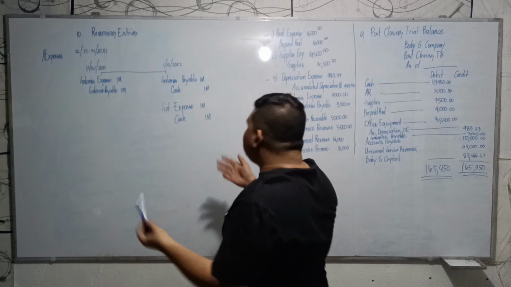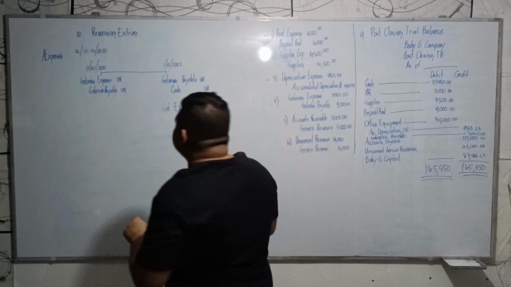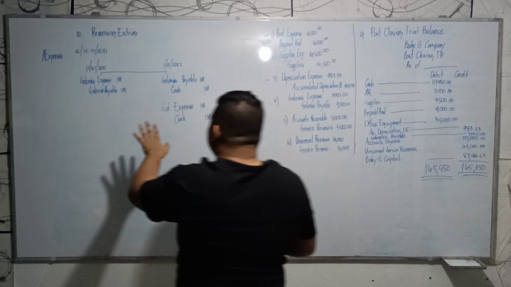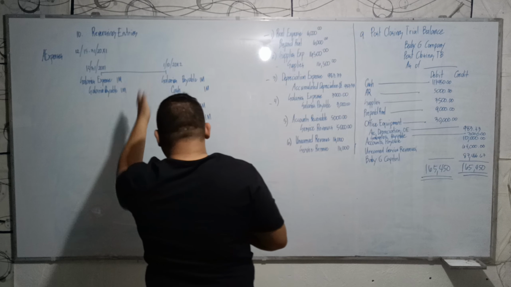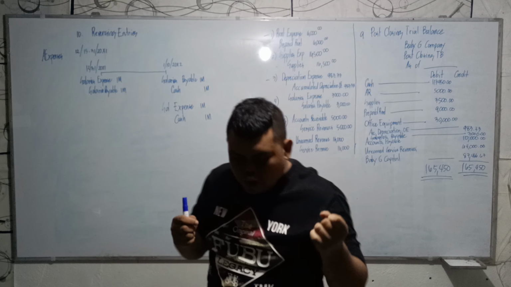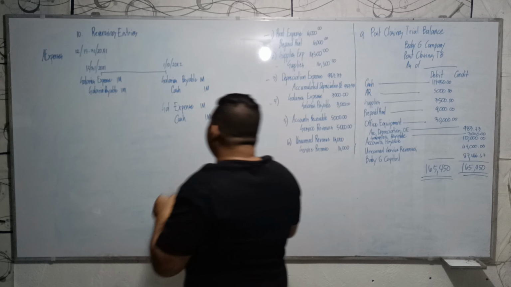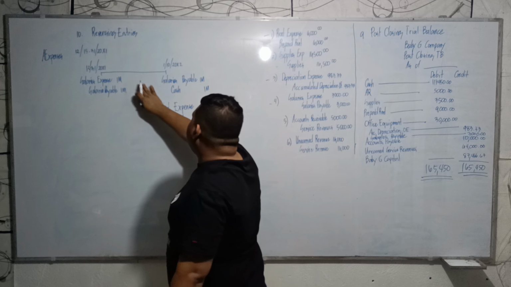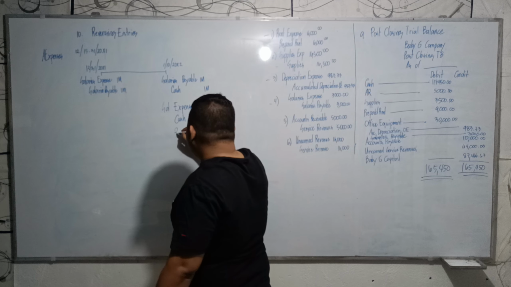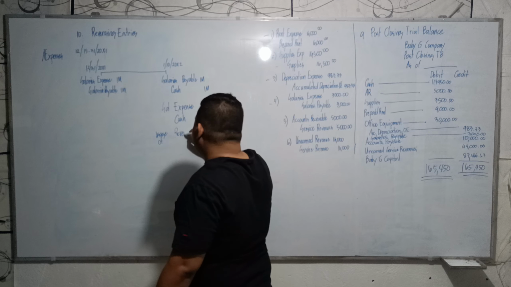So, this is the use of your reversing entry. For example, salaries expense, salaries payable, you have accrued that and you forgot about that. However, it's your practice to make reversing entries. Of course, what will happen is you will reverse this. So, let's go to the usage of reversing entries.